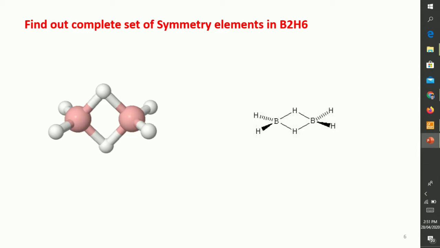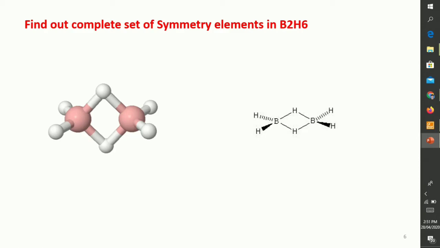So the next is the plane of symmetry. Yes, planes of symmetry are also present in this molecule. There are three types of C2 rotations we already found in this diborane. You can call this the x-axis, this the y-axis, and the z-axis towards the observer, towards you.